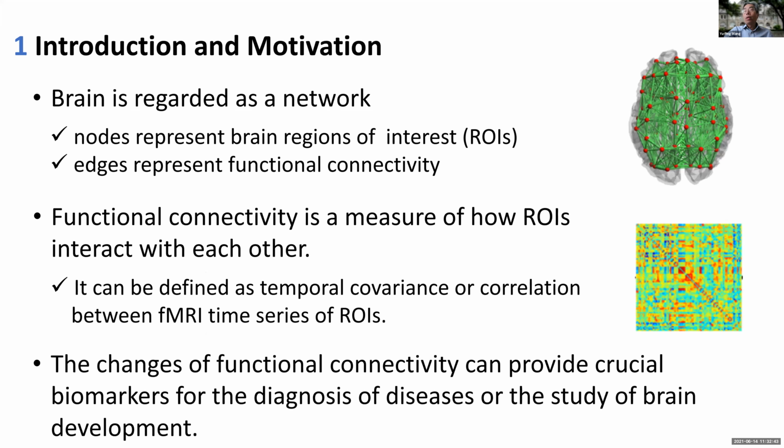We know the brain is characterized as a complex network. Therefore, we can use a graph to represent the brain. Each node represents a region of interest, and the edges between two nodes represent the functional connectivity.